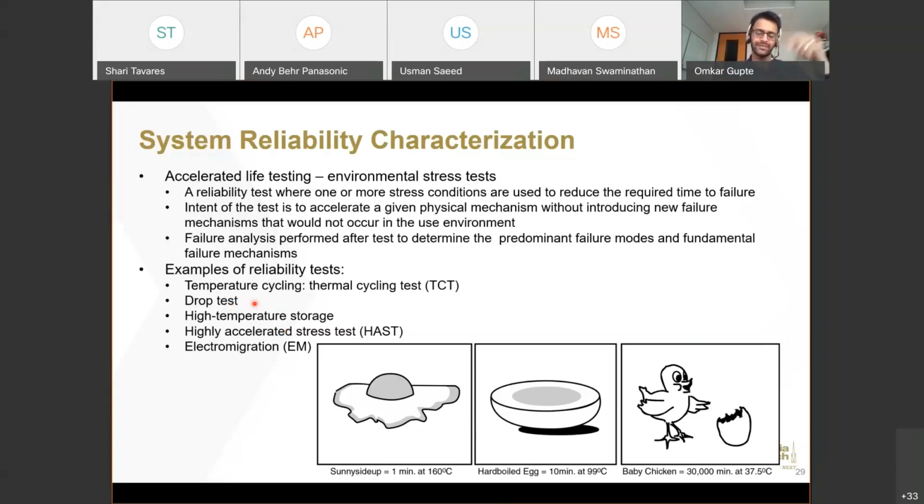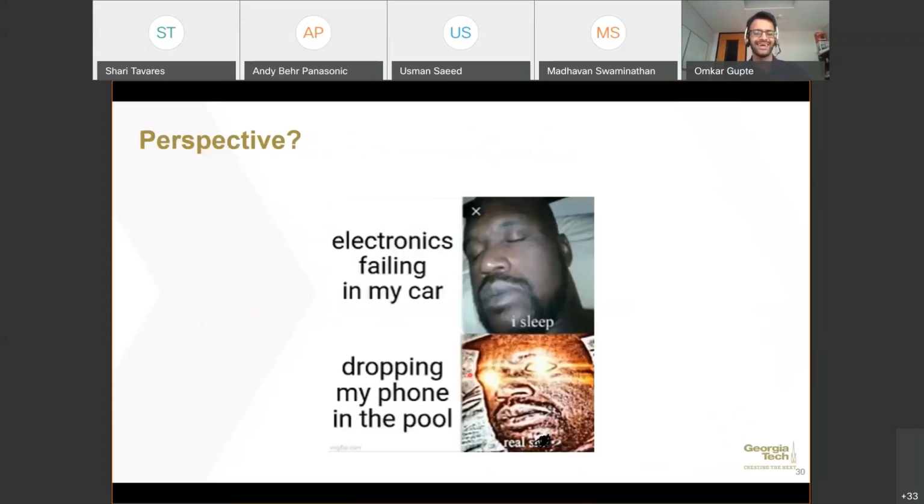An electromigration test, where a current is passed through the joint to see what kind of failure occurs. These tests need to be decided based on the application where the package or the device is being used, and accordingly we use different tests for different applications.